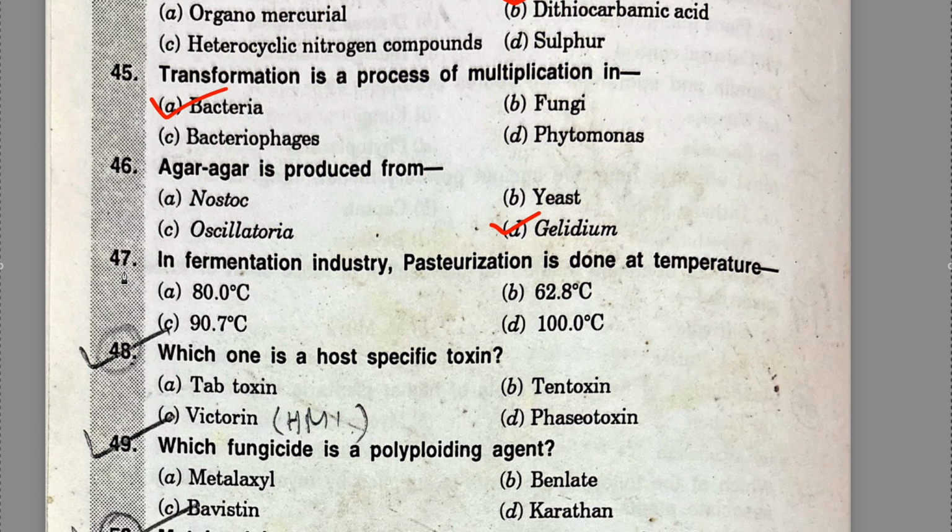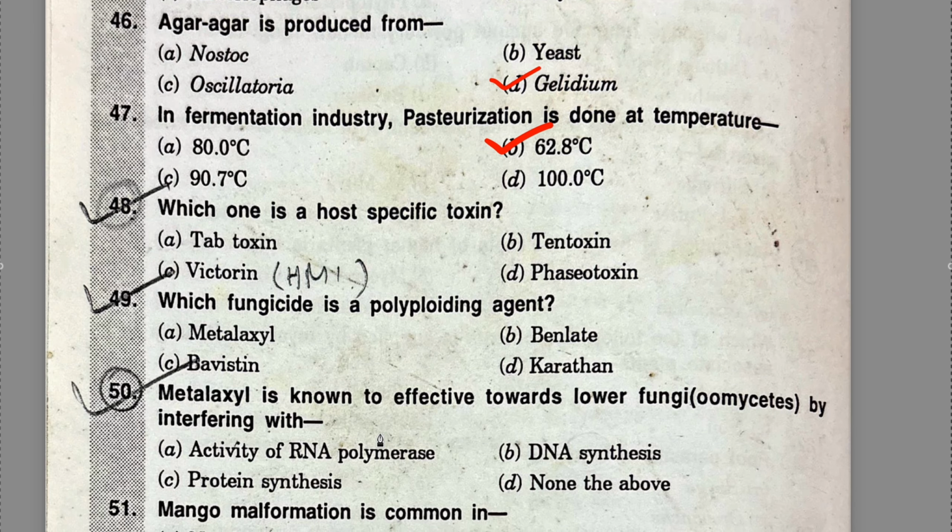Okay. Question 47. In fermentation industry, pasteurization is done at what temperature? 80 degrees Celsius, 62.8 degrees Celsius, 90.7 degrees Celsius, or 100 degrees Celsius? The answer is option B, 62.8 degrees Celsius.